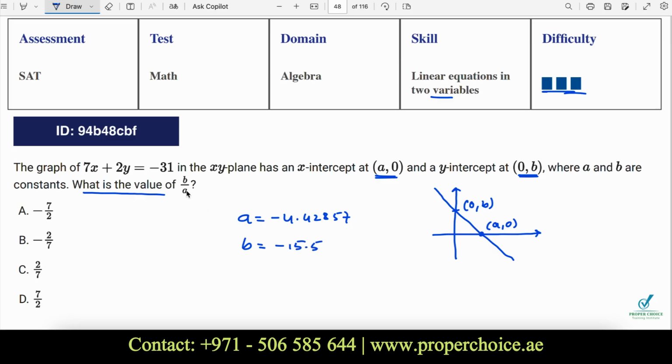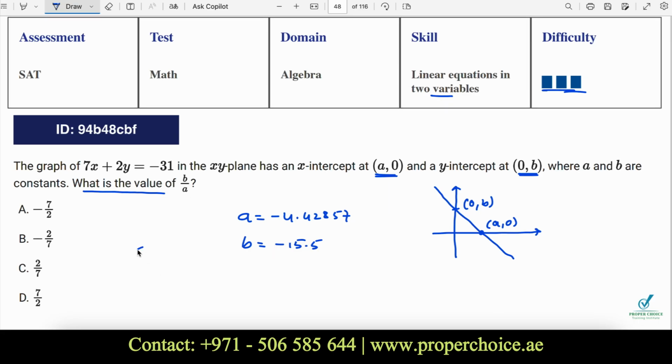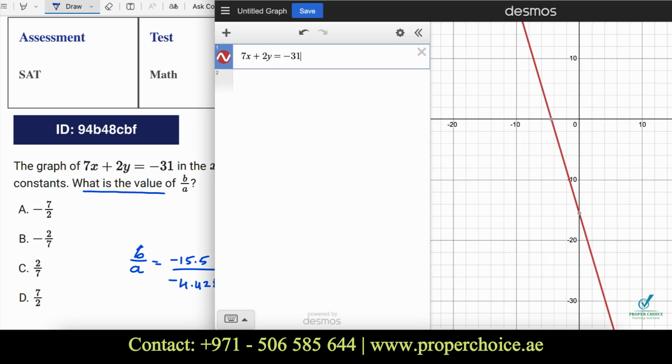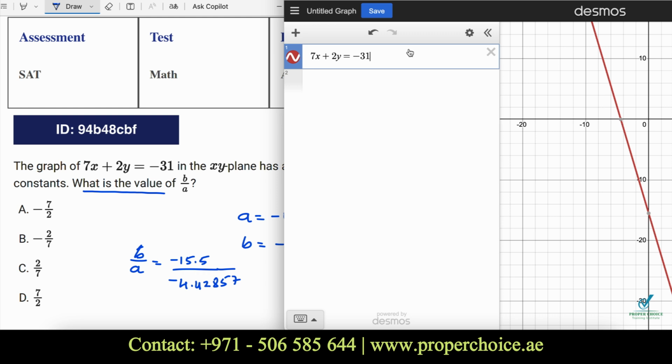The question asked us for the value of b by a. You just need to take the b value by a. You just put it as negative 15.5 divided by negative 4.42857. I can choose an approximate or equivalent, so just do it in the calculator here.